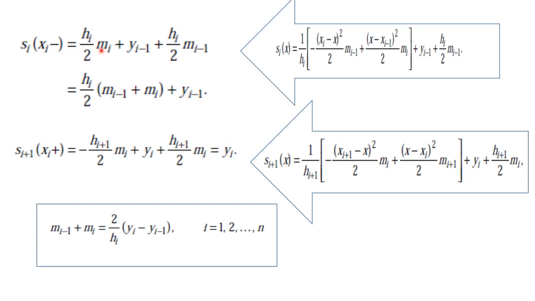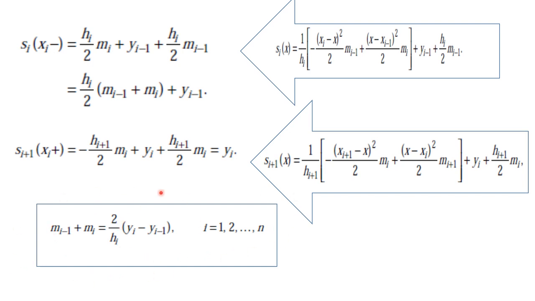So equating these two quantities, Si of xi equal to Si plus 1 of xi, that is yi equal to this one. We obtained mi minus 1 plus mi equal to 2 by hi into yi minus yi minus 1. So this is a form of recurrence relation.